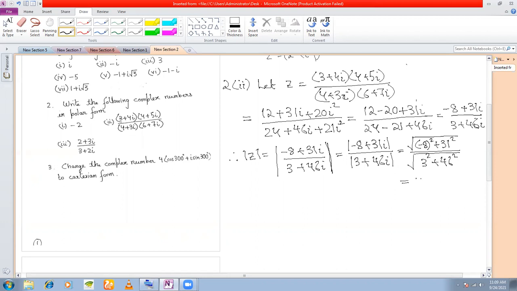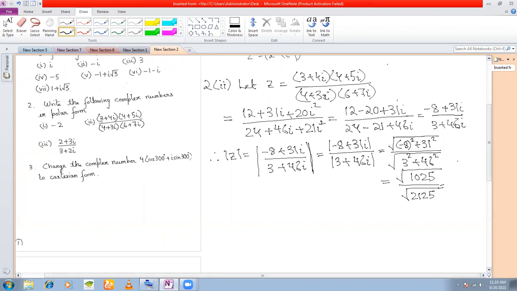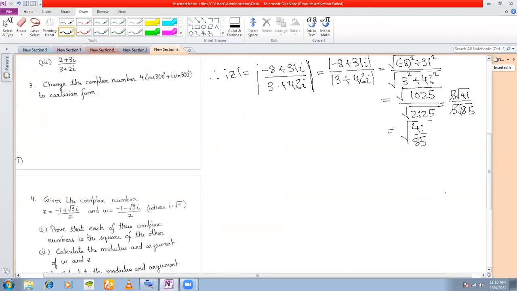If you evaluate the squares and add, you get square root of 1025 in the numerator and square root of 2125 in the denominator. Taking the square roots, this comes to 5 root 41 divided by 5 root 85, from which the 5s cancel, so that you will get the modulus as square root of 41 by 85. This is what your modulus of z is.